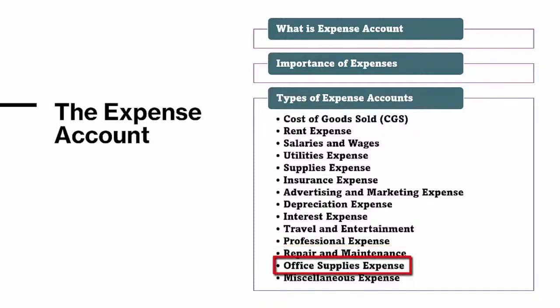Office supplies. Similar to supplies expense, this includes items specifically for office use, like stationery, printer ink, and office furniture. 14. Miscellaneous expense. Any other small, irregular expenses that don't fit into the categories above. These might include minor fees, subscriptions, or other small purchases.